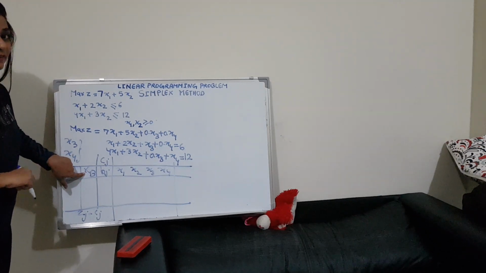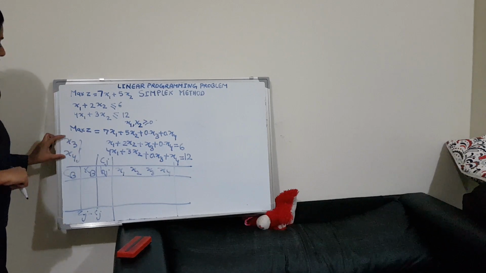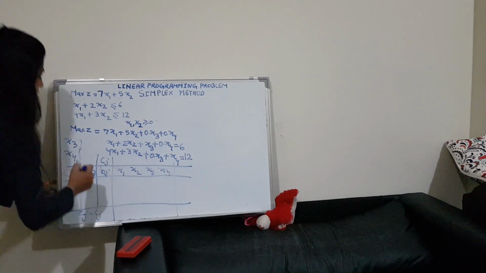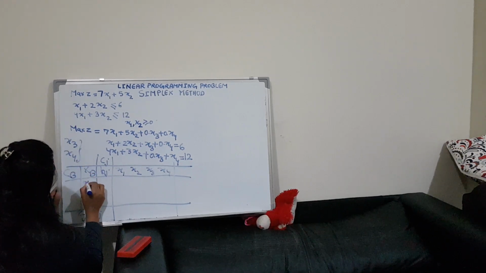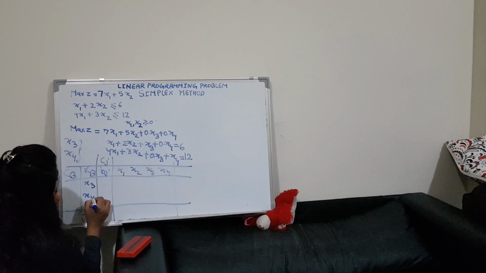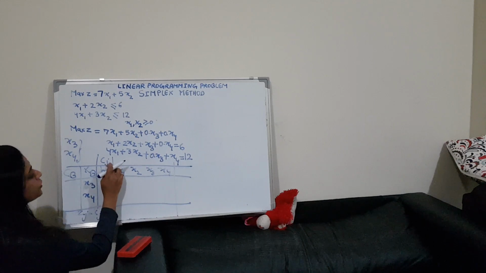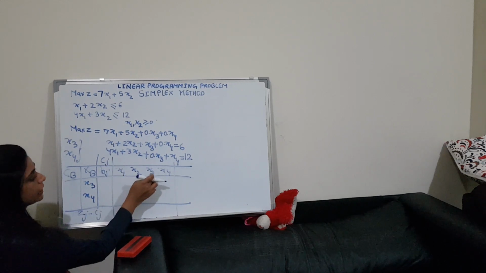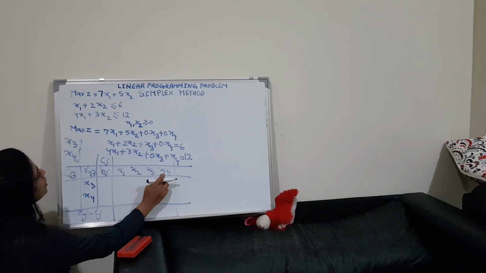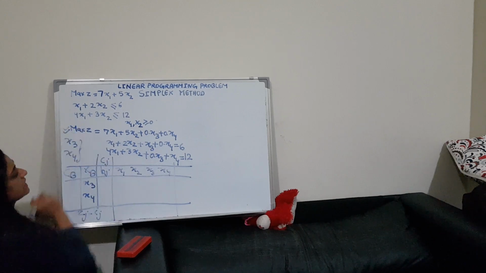Now we will start from here Xb. Xb are slack variables and we have two slack variables, so we will write here x3 and x4. Cj is the coefficients of x1, x2, x3 and x4, and we will write coefficients from this equation.